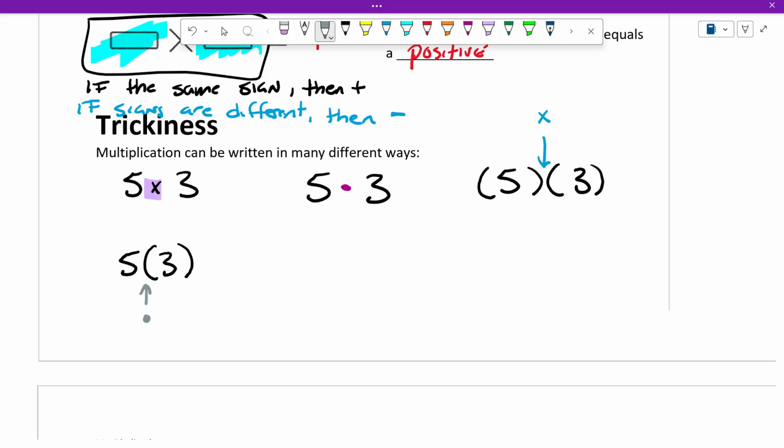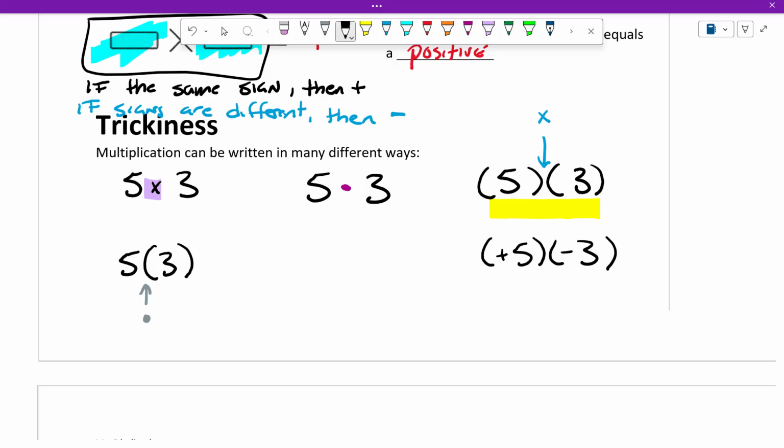For example, it could be positive 5 times negative 3 like this. Right? So now all of a sudden you see pluses and minuses all over the place. You have to realize, no, it's not a plus, it's not a minus, that's a positive, that's a negative, and there's an invisible times in between these two things.